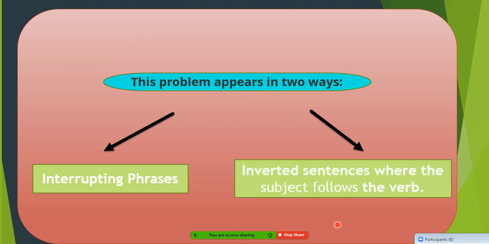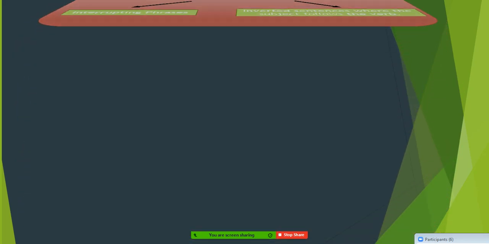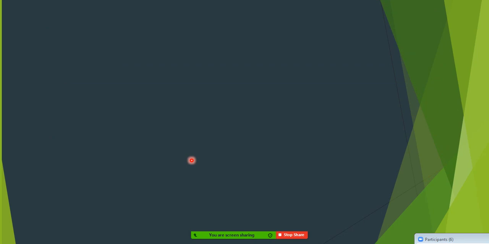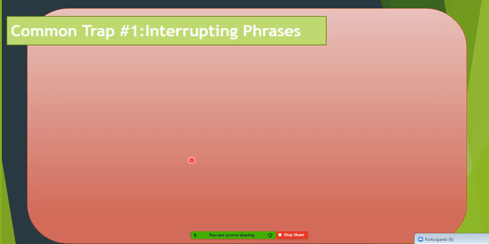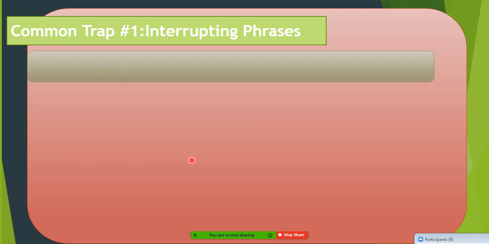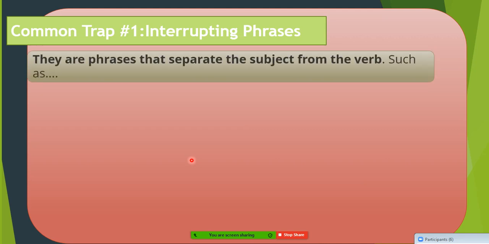Why are these questions tricky, do you think? Generally, questions related to subject-verb agreement in the SAT can be difficult because the subject is usually not placed directly in front of the verb.